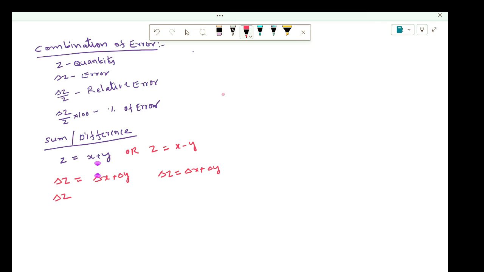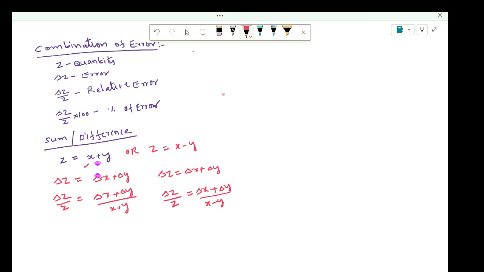Therefore, the relative error dz by z is equal to (dx plus dy) by (x plus y), where z is x plus y. Similarly, the relative error in the difference is equal to (dx plus dy) by (x minus y). Errors are always added and positive, but z is x minus y.